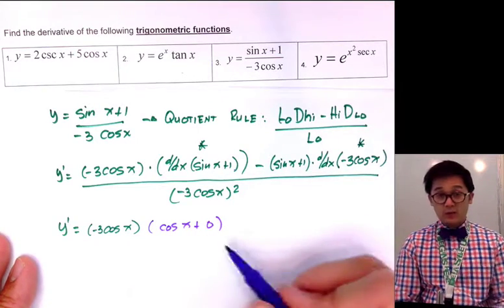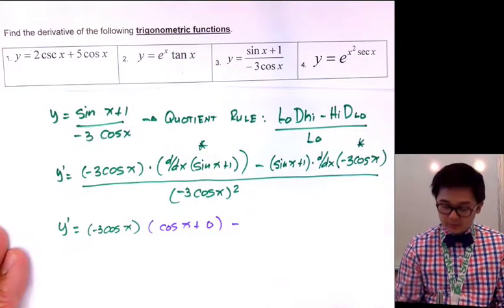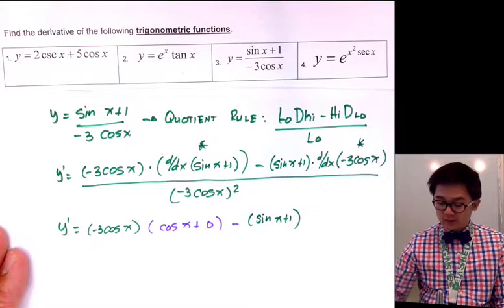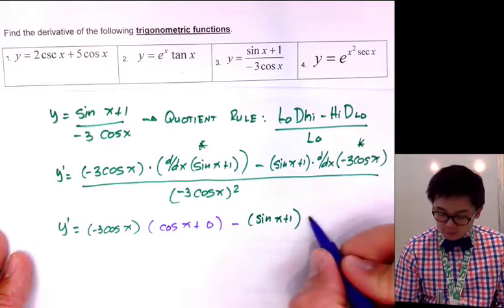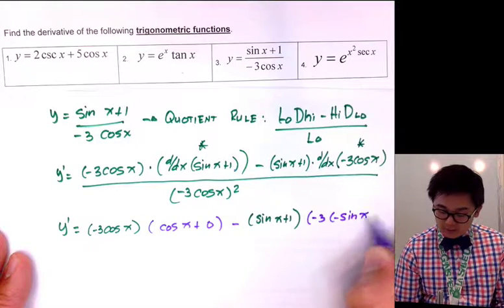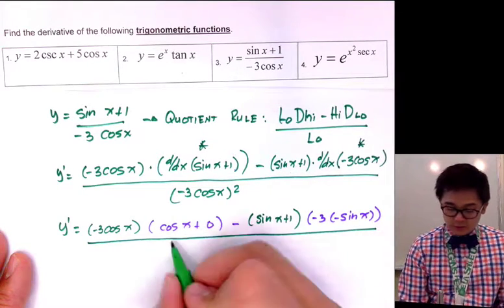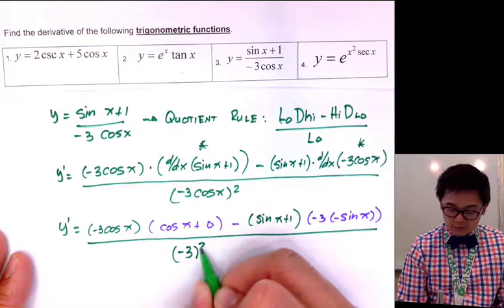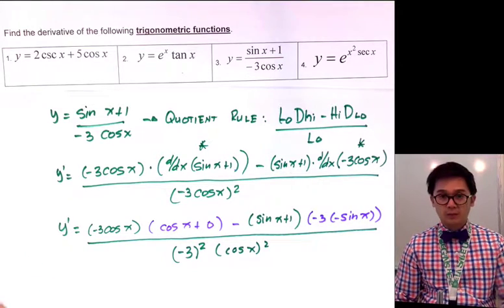That will be the derivative of our term right here, minus, we're just going to copy sine x plus 1 and take the derivative of cosine x, which we know is simply negative sine x. So we'll end up with negative 3 times negative sine x. And that's the two derivative functions using the quotient rule. And this one, we can separate into the square of this and the square of this. We're going to clean it up later on.